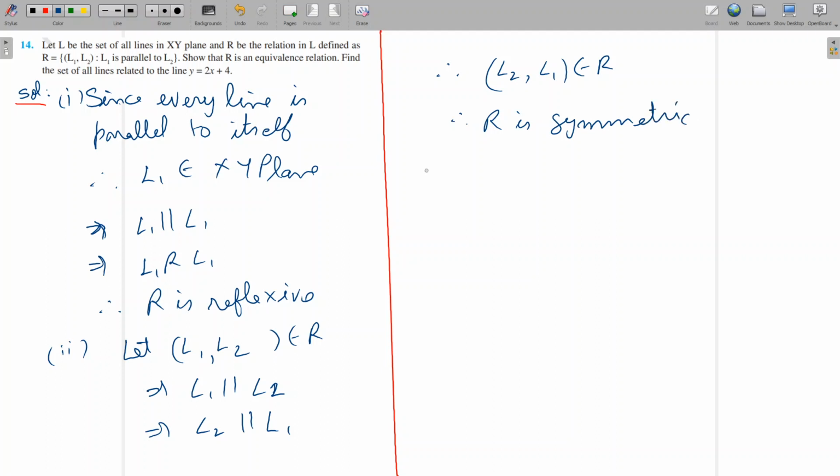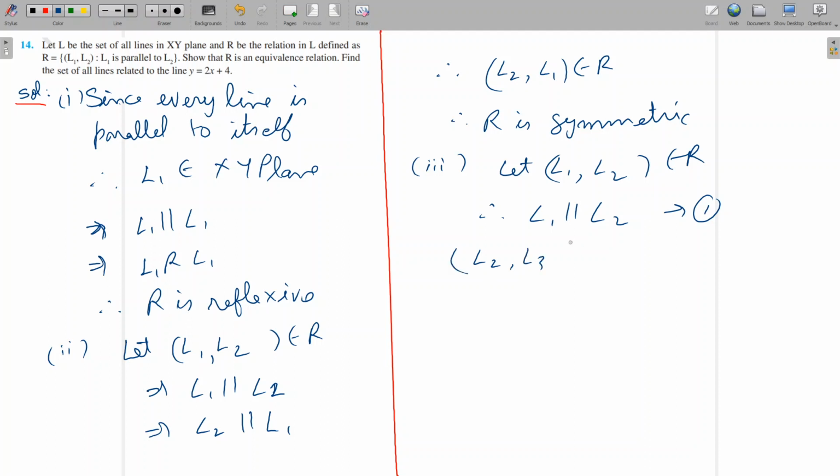Now let us check whether R is transitive or not. So in the third part, let (L1, L2) belong to R. Therefore we get L1 is parallel to L2; let this be the first one. And suppose (L2, L3) belongs to R. Therefore L2 is parallel to L3, and this will be the second one.